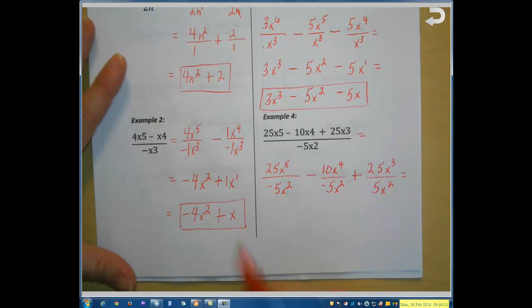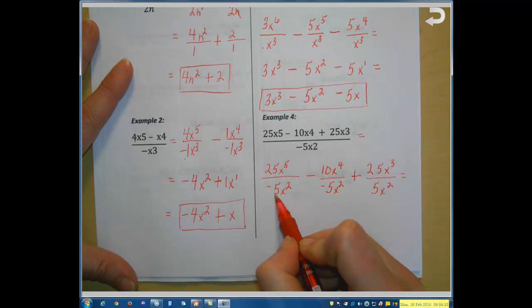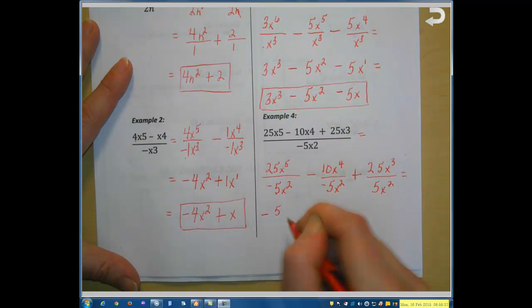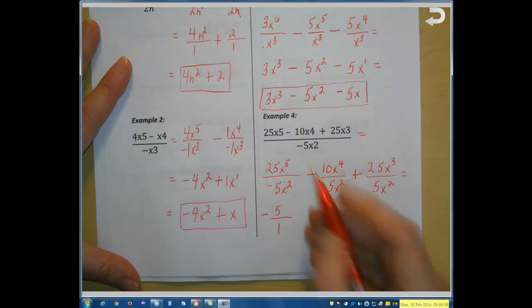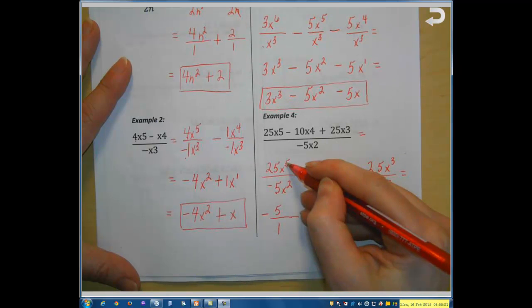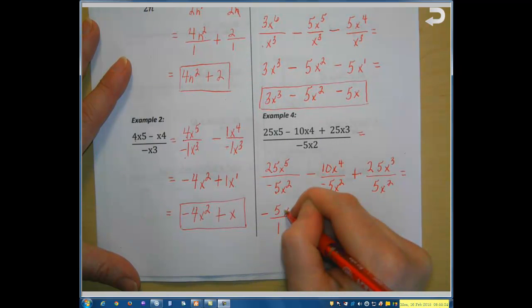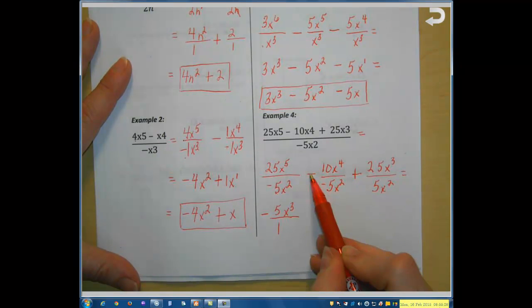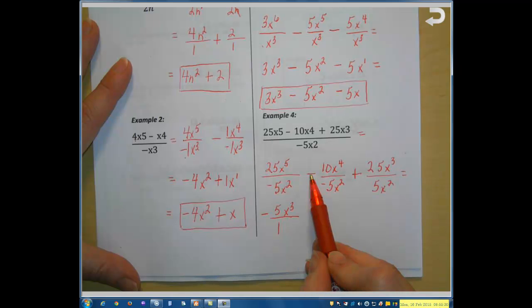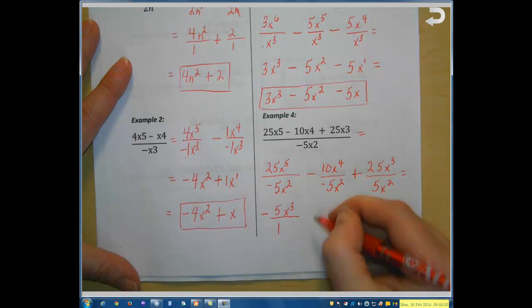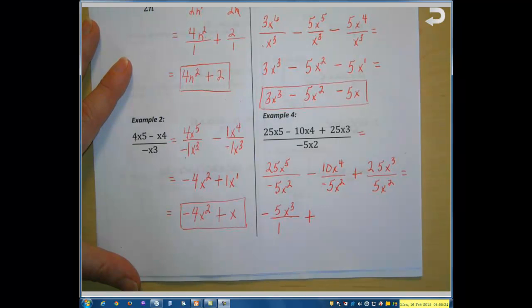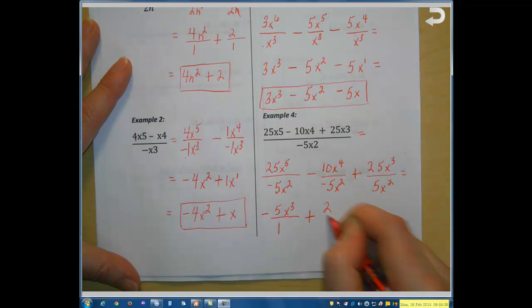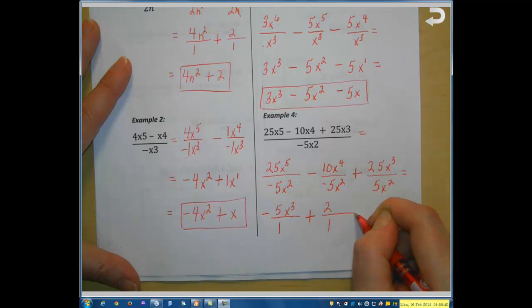Okay, so 25 divided by negative 5 is going to simplify to negative 5 over 1. Subtract the exponents. 5 minus 2 is 3. Our answer goes on the top. Okay, next step. Let's first look at signs. We have a negative divided by a negative, so we know our answer is going to be positive. 10 over 5 simplifies to 2 over 1.